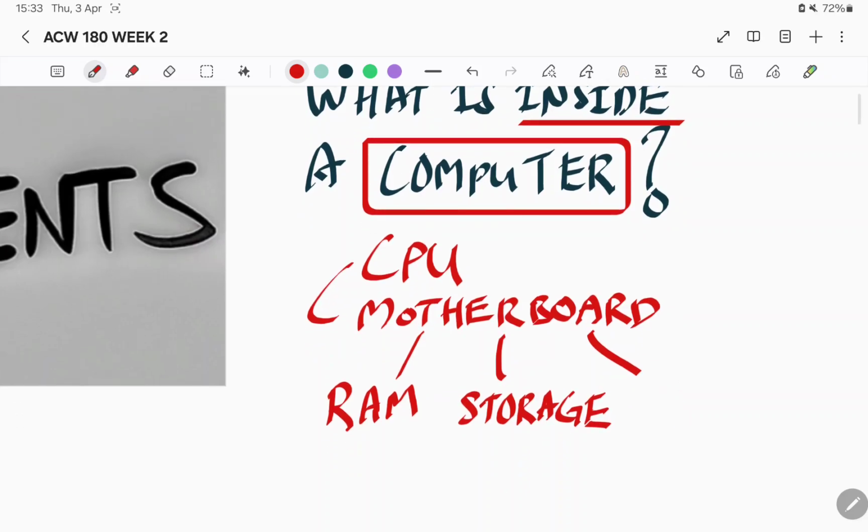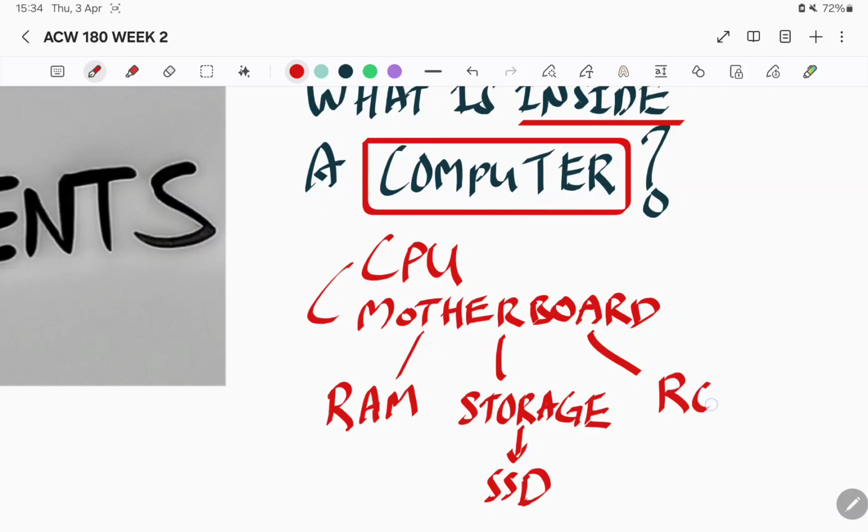Nowadays we use the SSD, as in those days we used the hard drive. Then we attach the power supply.